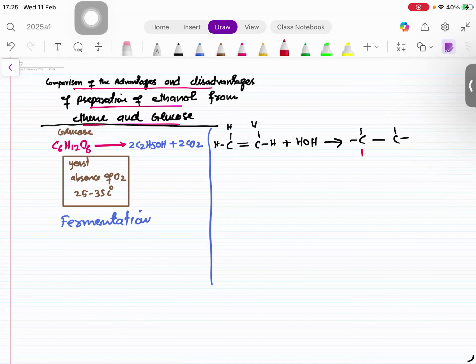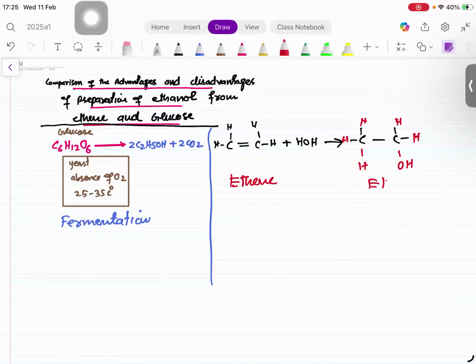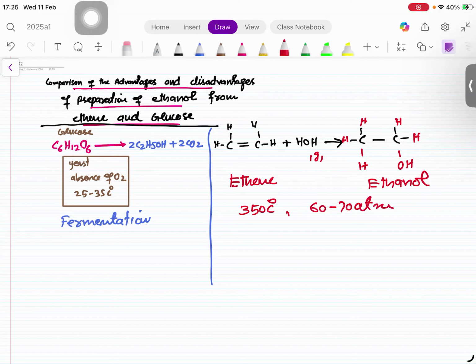The double bond is converted to a single bond, either H or OH added. So this is ethene that turned into ethanol by reacting it with the steam. And you remember the very high conditions, 350 degrees Celsius temperature, 60 to 70 atm pressure.